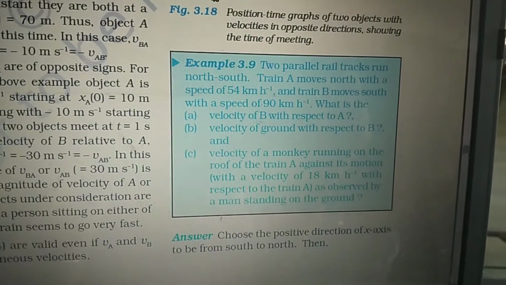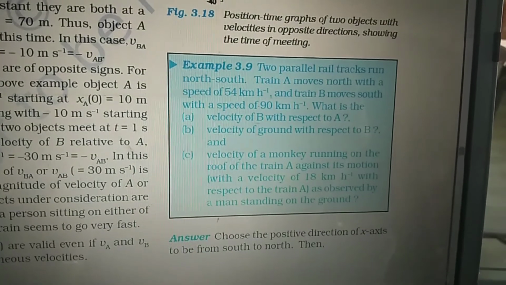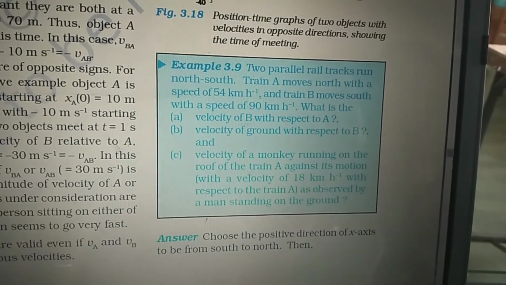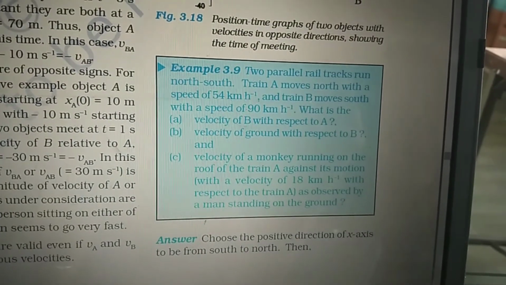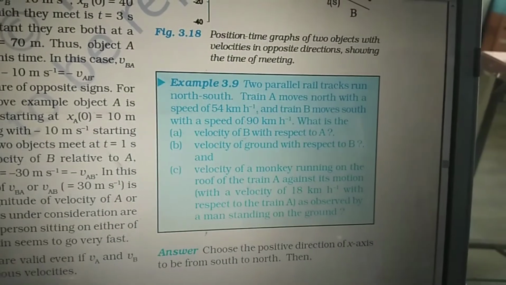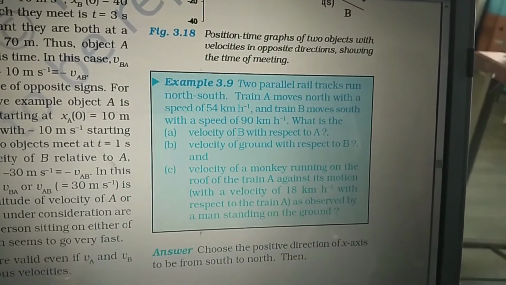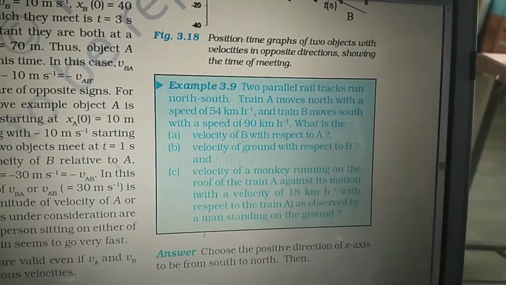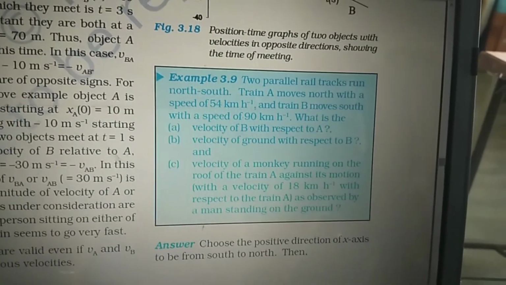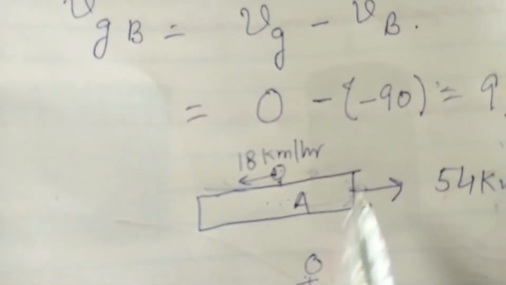Now the last part is the velocity of monkey running on the roof of the train A against its motion with the velocity of 18 km per hour with respect to train A as observed by a man standing on the ground. Or simply we want to find out the velocity of monkey with respect to ground, or a man standing on the ground, that would be the same. So let us consider this is a train.